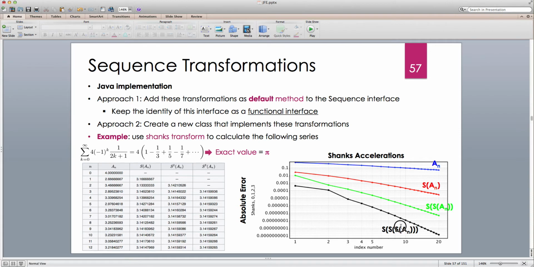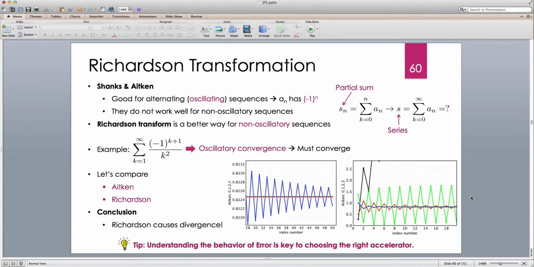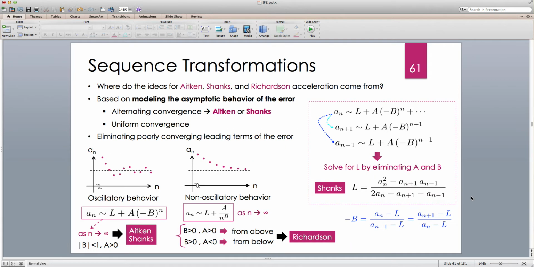And we saw that 3 Shanks or 3 Aitkens are more than enough after 20 terms. We get 9-10 decimal places of accuracy. So this is more like the worst case. If I have 1 over k squared, obviously we need fewer terms to get good accuracy. So typically 3-4 times of Aitken or Shanks is more than enough.